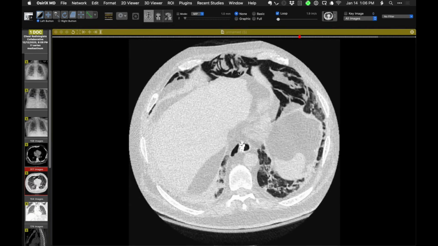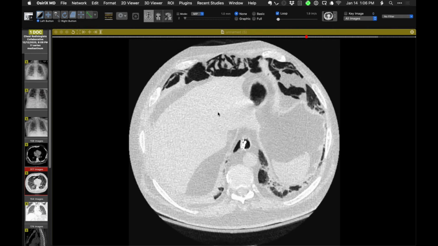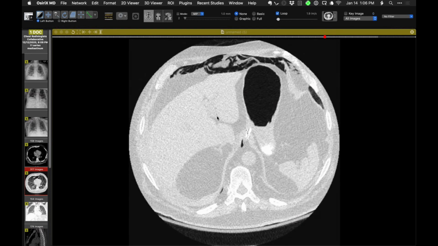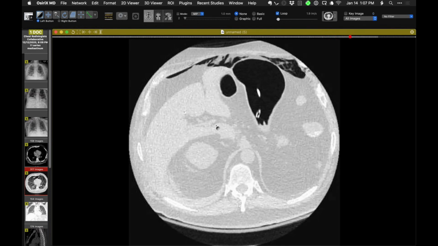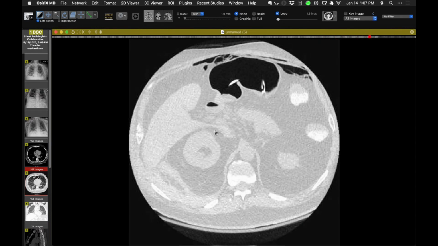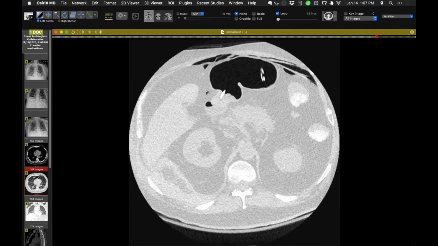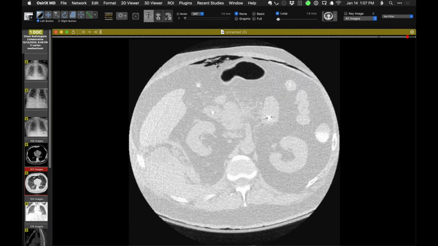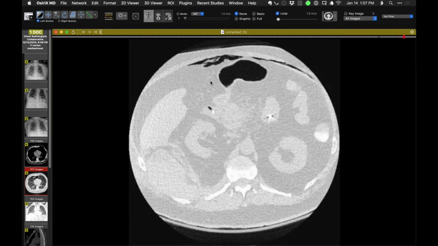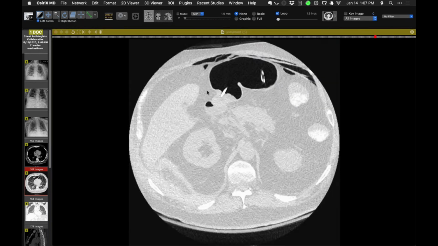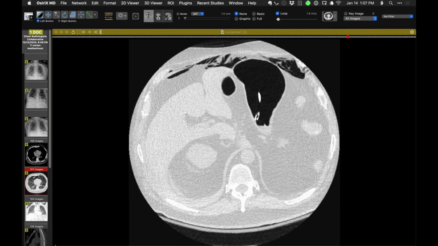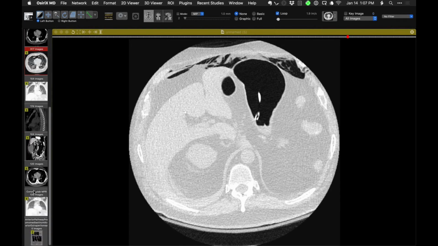So here we see a lot of air traversing that region, and then we see the air in the upper abdomen. But just to remind myself again, it's extra-peritoneal air.